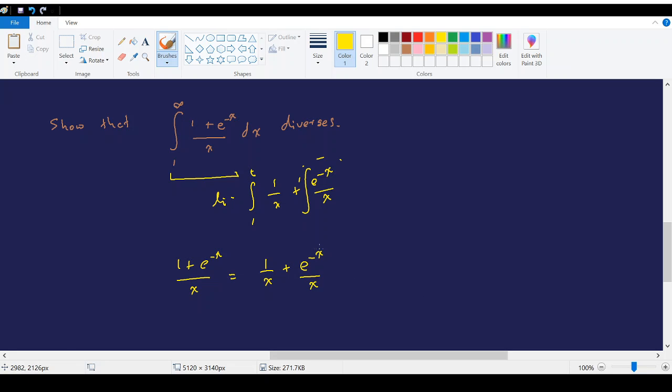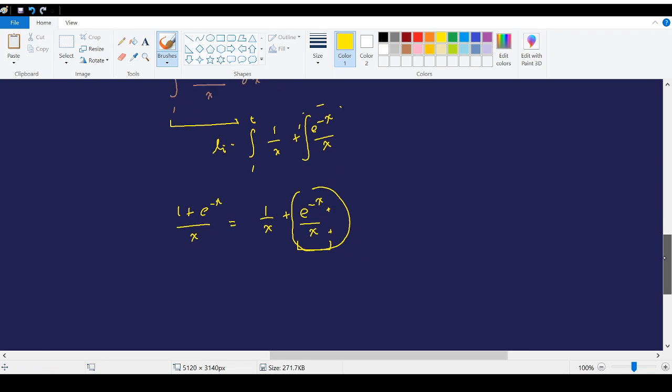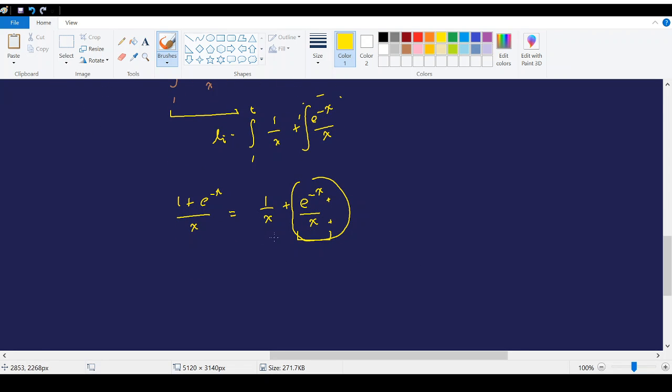Now see, e to the power something is always positive, and we know x is greater than or equal to 1 because we are considering this range. So this is a positive number and this is a positive number, so this term will always be positive. And here what we have is 1 over x plus a positive number.